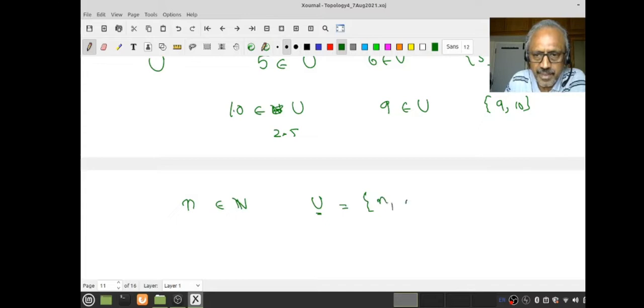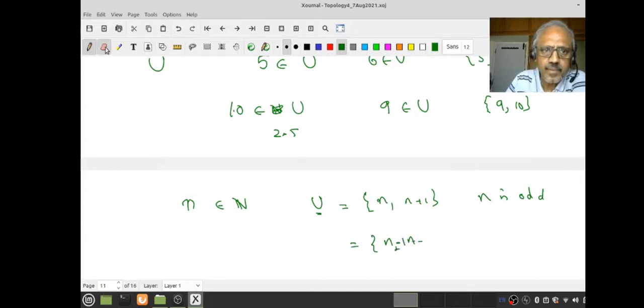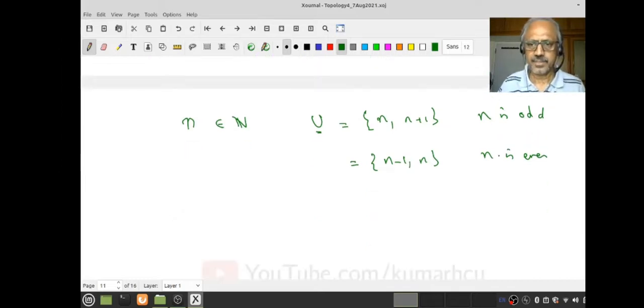It should be {n, n plus 1} if n is odd, and it will be {n minus 1, n} if n is even. You understand that? These are the simplest open sets, right? Therefore I can characterize U.